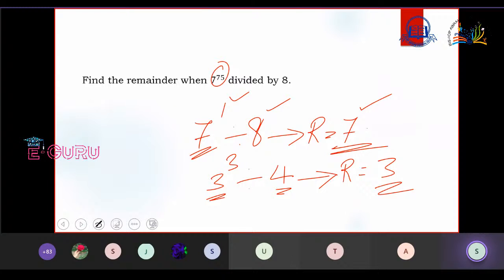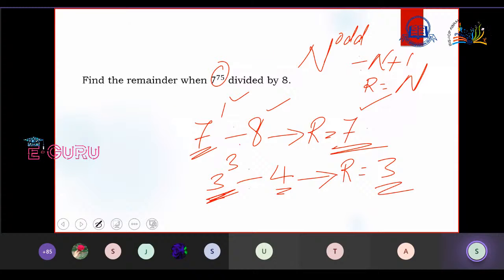And 3 cube divided by 4, we got the remainder as 3 itself, 3 is the base value here. So we can say, if n raised to an odd power is divided by n plus 1, the remainder will be n itself.